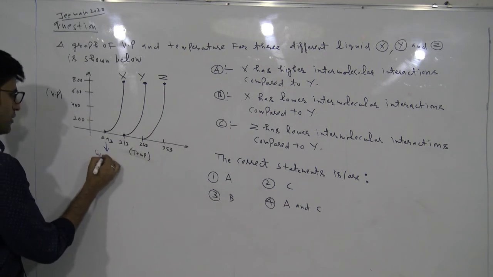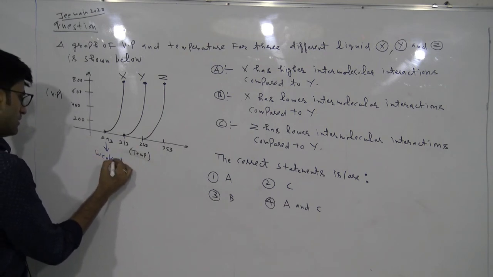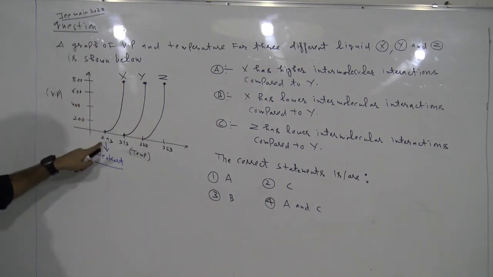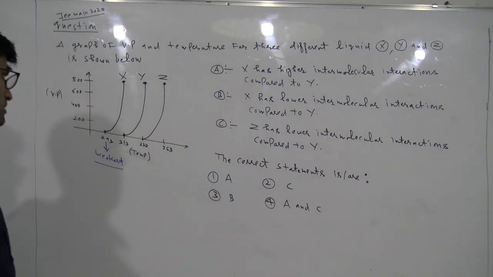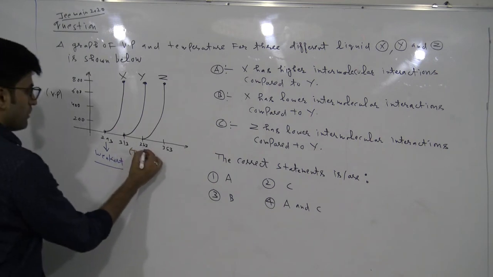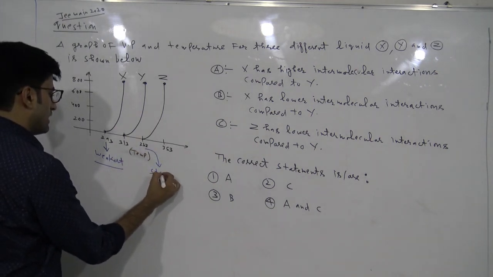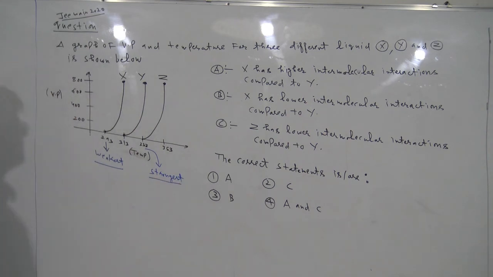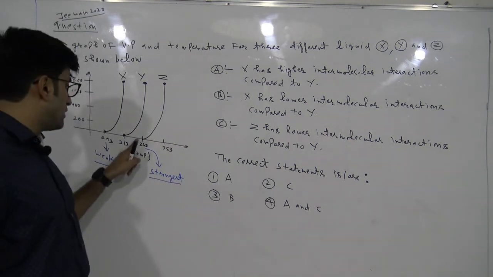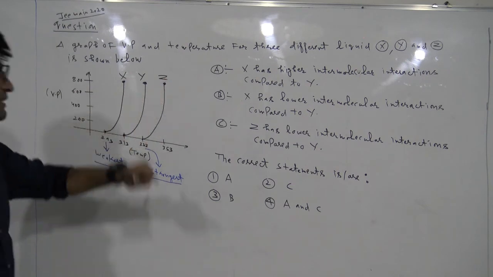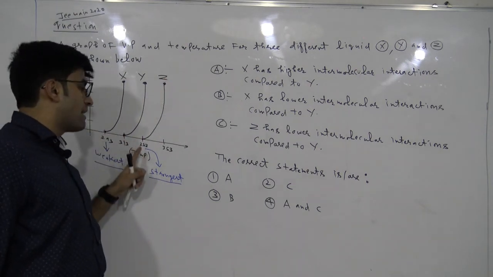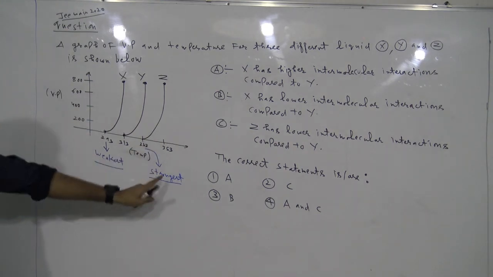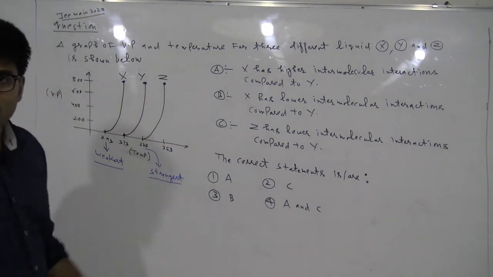Its intermolecular forces are weakest because it easily converts itself into vapors. At low temperature, you can convert X into vapors and have the same vapor pressure. And what about 333? 333 means Z has the strongest intermolecular forces. That is why, to obtain the same vapor pressure as that of X and Y, we have to increase its temperature to 333 Kelvin, right? So for X it is weakest and for Z it is strongest. So we obtain that, right?